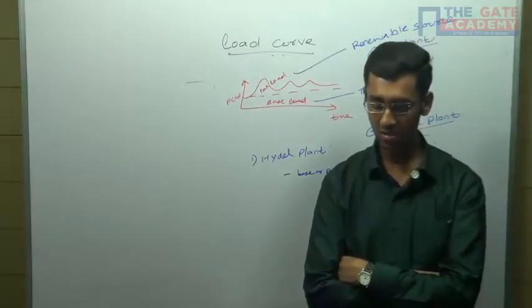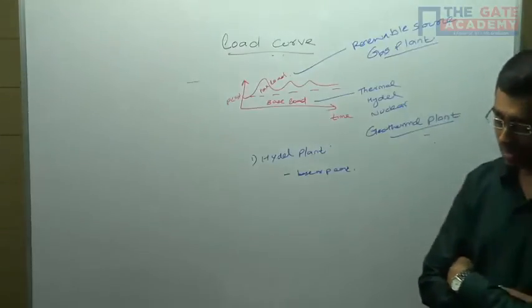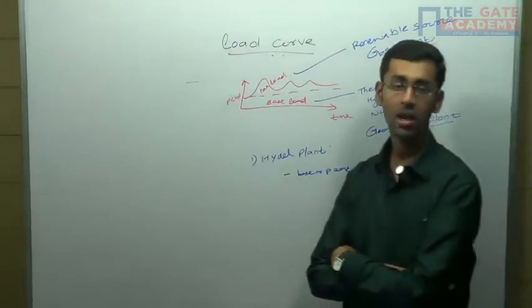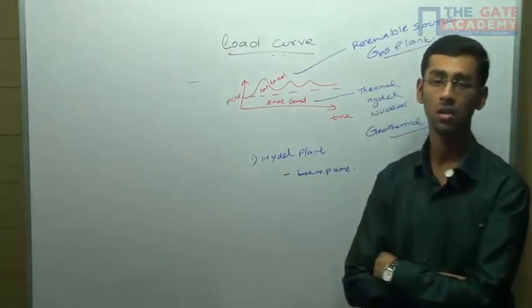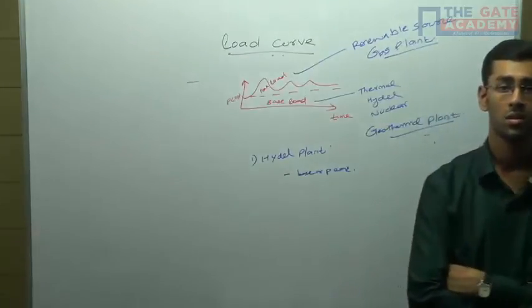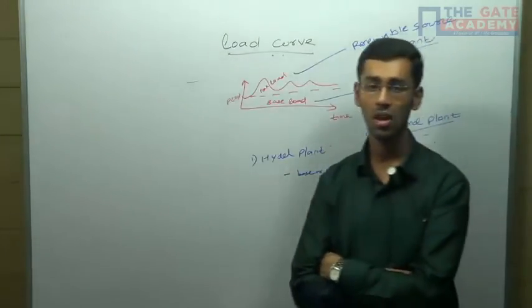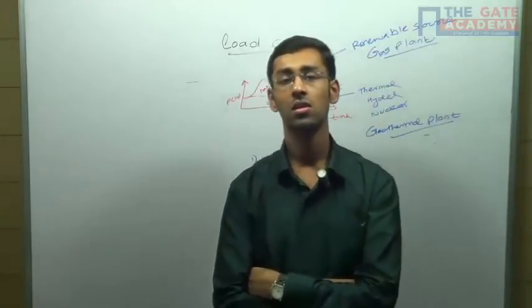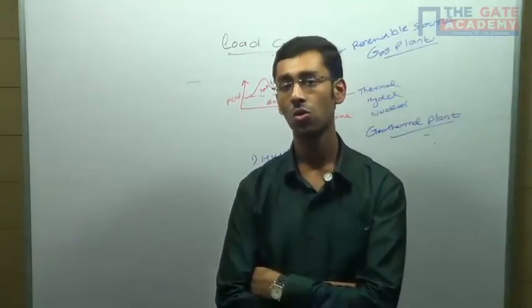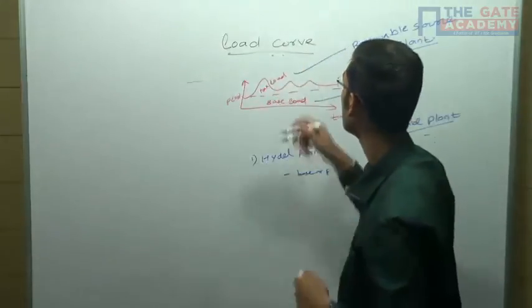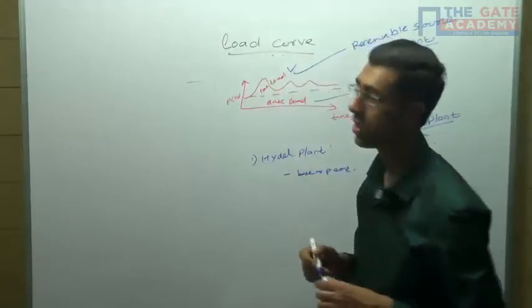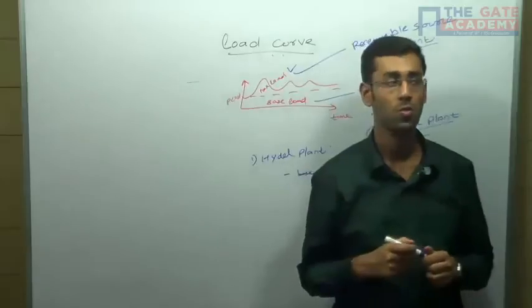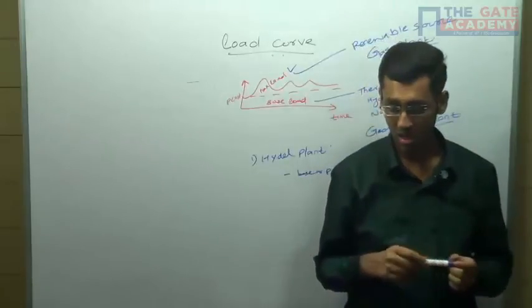Now diesel plant, if the options are base, peak, either base or peak, none. Diesel is not used as base at all. Diesel is always used as a backup or for the peak. So here my option should be peak load.